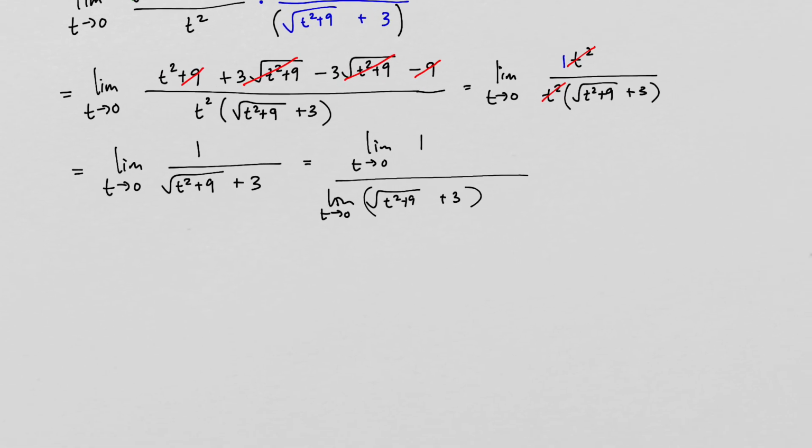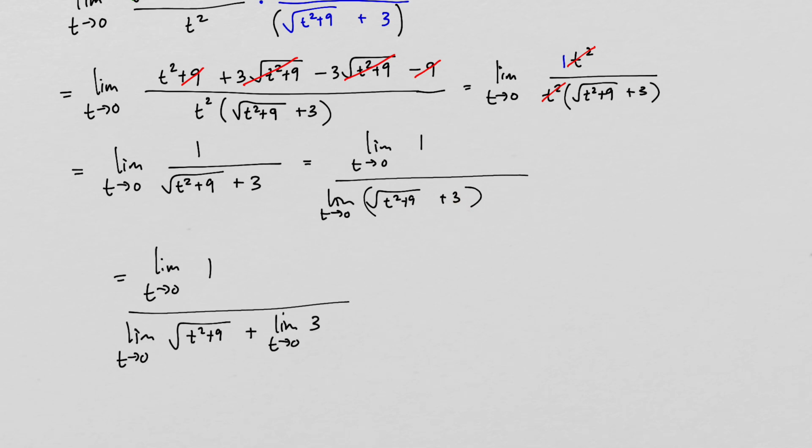And then I will apply this limit to each one of these, which gives us this. And then when you have a limit of a radical, you can put the limit inside of the radical. That is one of our properties. And that will make it look like this.